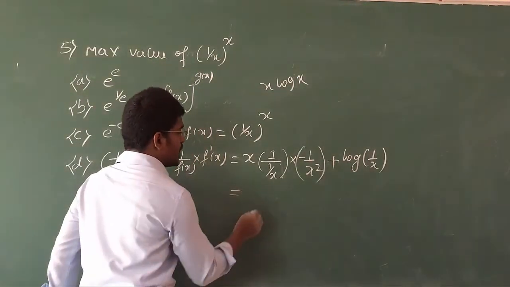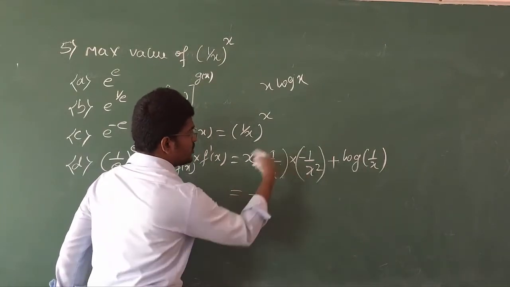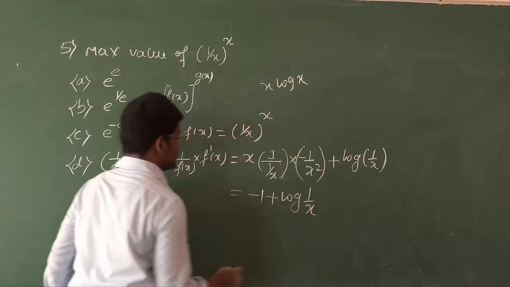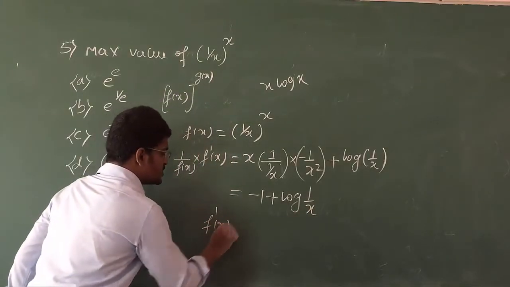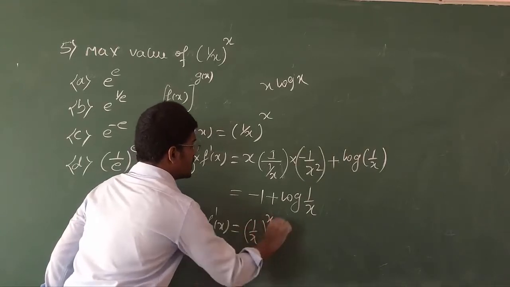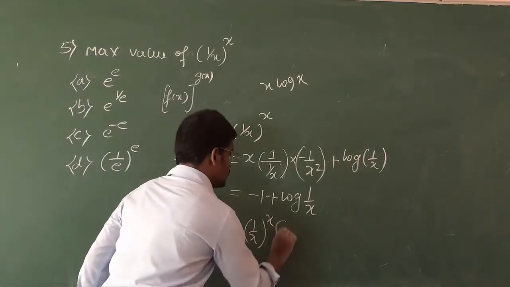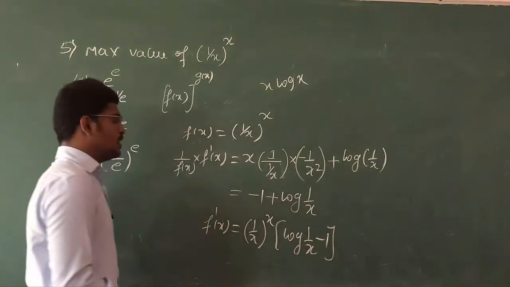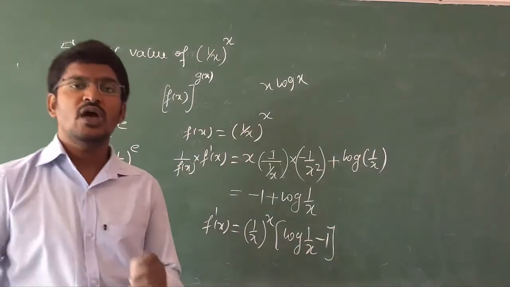So now you are going to have minus 1 if I simplify this plus log of 1 by x. Therefore, f dash of x will be equal to 1 by x to the power of x into log of 1 by x minus 1. These terms you are going to have.